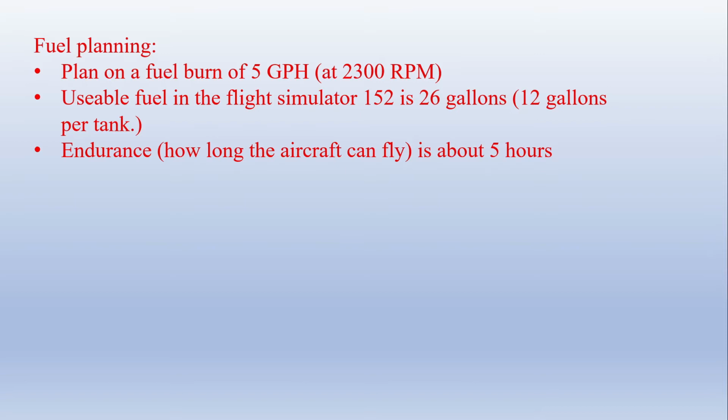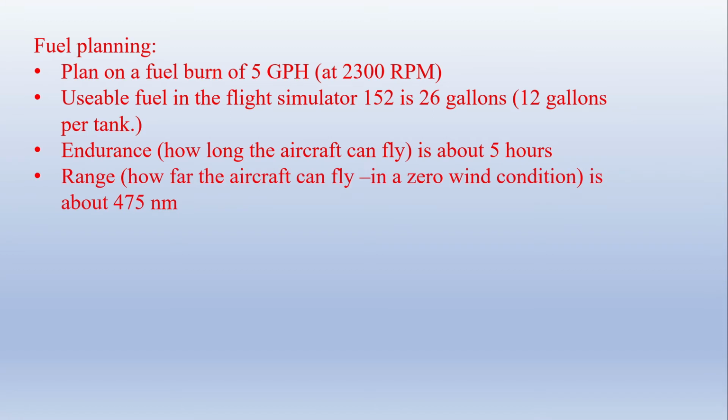And endurance is how much time the aircraft can fly. But you had better be rolling into the ramp when that 5 hours is up, because your engine is about to quit. And assuming a true airspeed of about 95 knots, that gives us a range on the 152, or how far the aircraft can fly, of about 475 nautical miles, assuming a zero wind condition.